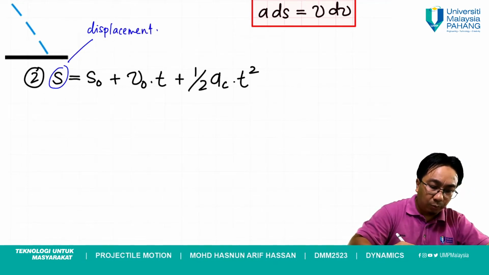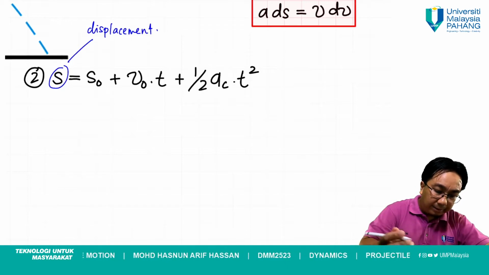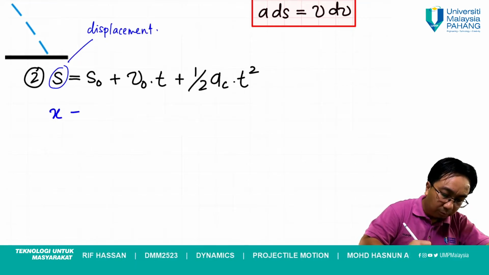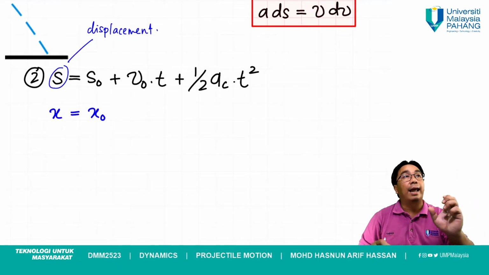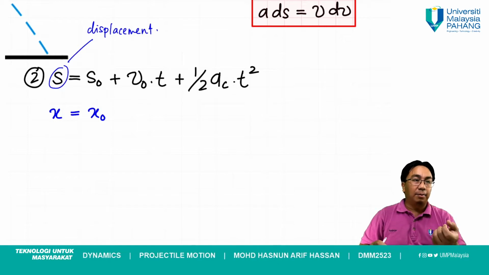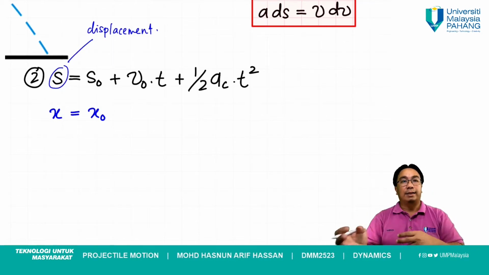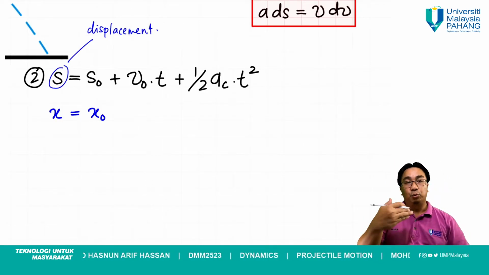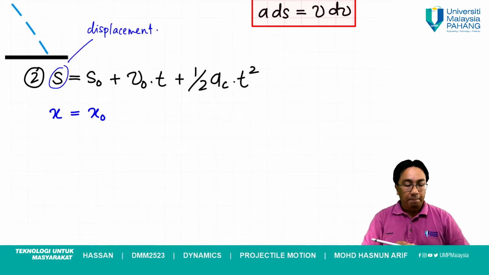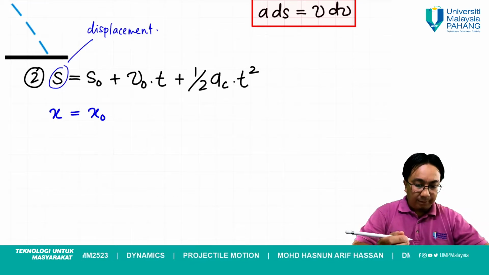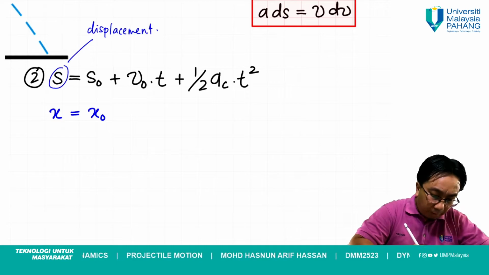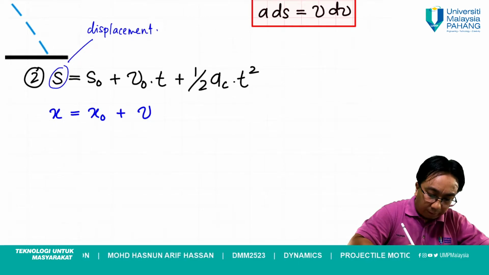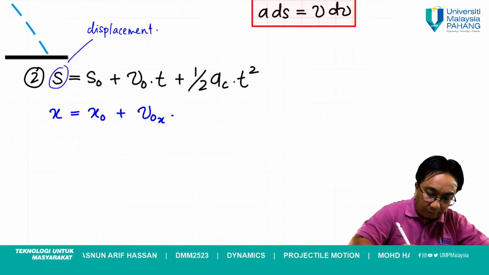Okay, so now we can just write x lah untuk x. Untuk x kita tulis dia sebagai x is equal to x0, kita gantikan s tu dengan x lah sebab kita nak tahu ini displacement in x axis, and then when we would like to calculate the displacement in vertical axis ataupun y axis, dan kita tulis sebagai y. Okay, x is equal to x0 plus v0. So v0 dia akan jadi v0x times t.